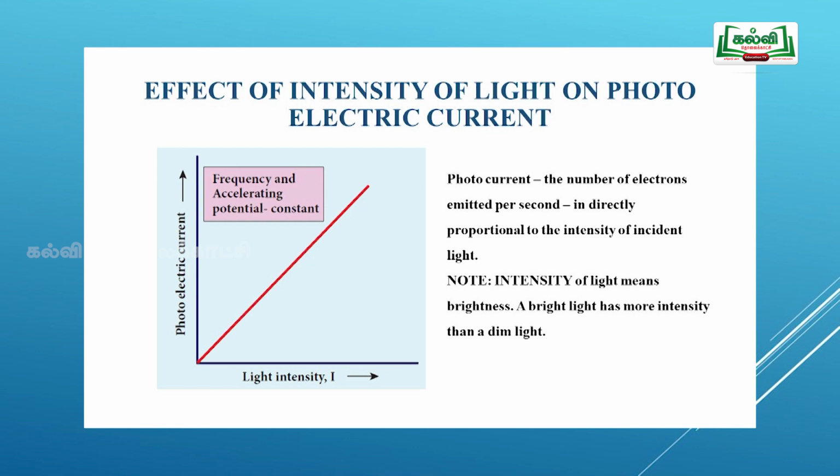As the number of electrons emitted per second increases, the photoelectric current also increases linearly, as we can see in the graph. So the photocurrent, the number of electrons emitted per second, is directly proportional to the intensity of incident light. Note, intensity of light means brightness. A bright light has more intensity than a dim light.